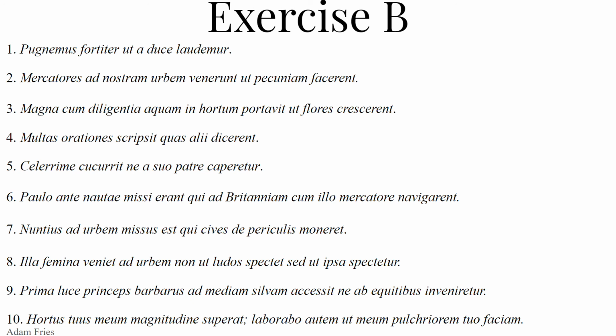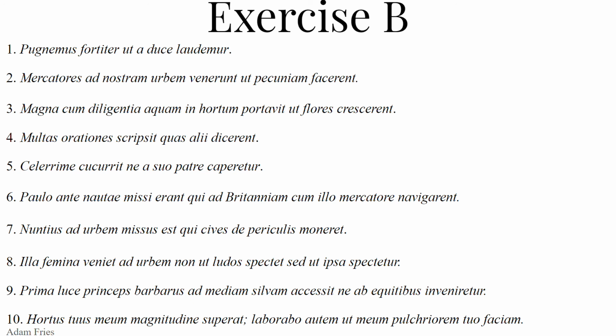Ut meum pulchriorem tuo faciam. We're in primary sequence, so we want the present subjunctive. We got it in faciam, first person singular, of facio, facere, feci, factus. So that I may make meum. Once again, we're implying a hortum meum, mine, my garden. Pulchriorem, I'm making mine pulchriorem. Predicate accusative. I'm making mine more beautiful.